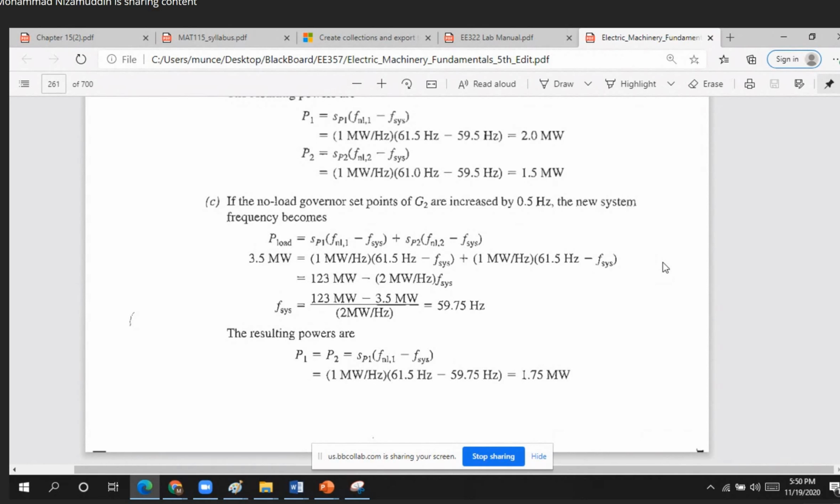If S is given, you need to find out the real power. If you are given S and theta, for lagging or leading, you can find out the real power. Then you can find out the slope and all the others also. Any questions so far?